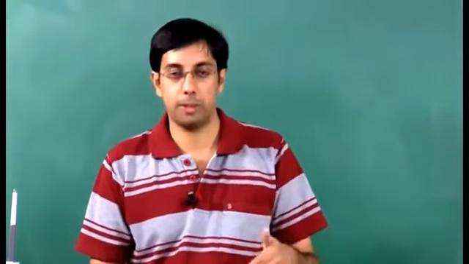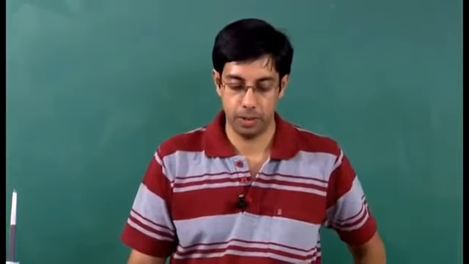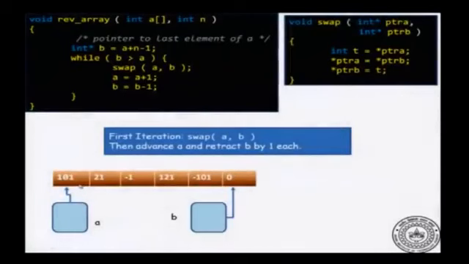So in this lecture, we'll do it for an even length array. So A is initially pointing to the beginning of the array, B is pointing to the end of the array. A plus n minus 1 will go to the end of the array, right? Now B is greater than A, that is true.